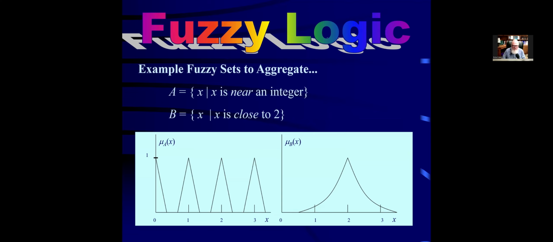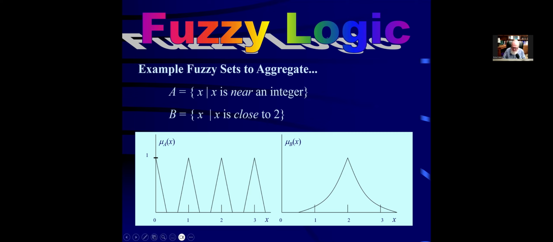I've chosen the mu sub A here on the left as being the fuzzy membership function of numbers which are close to integers. And you can see if we're right on an integer, the membership function is 1. There's no doubt about it. But as we stray from an integer and get further from an integer, the membership in the set of signals which are near to an integer begins to decrease. And we actually have a periodic function that you can see here.